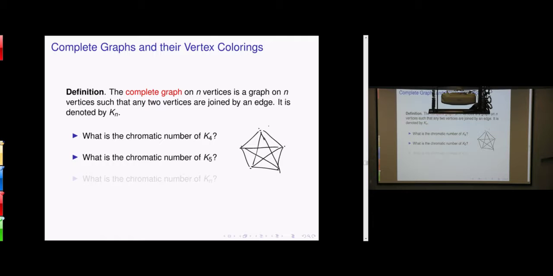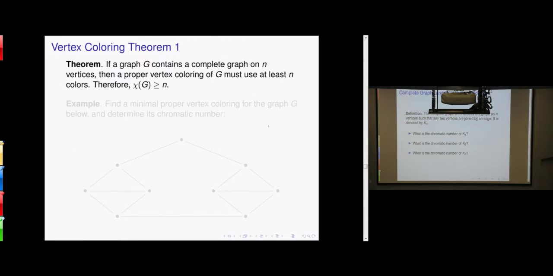You have to use 5 for similar reasons. So what is the chromatic number for K sub n? N, right? The same reason. Now here's some application of the observation. People call it the vertex coloring theorem.